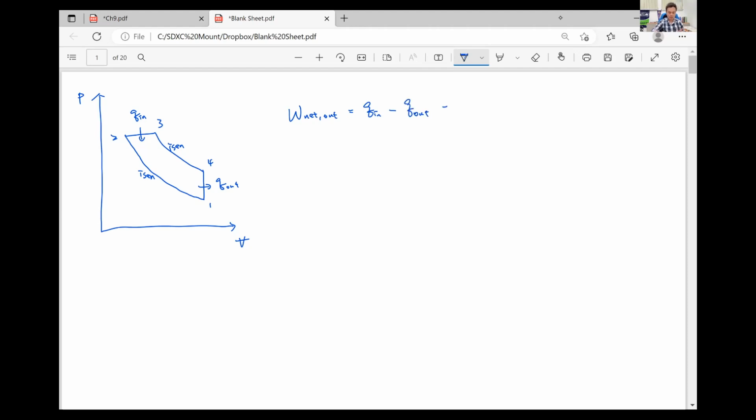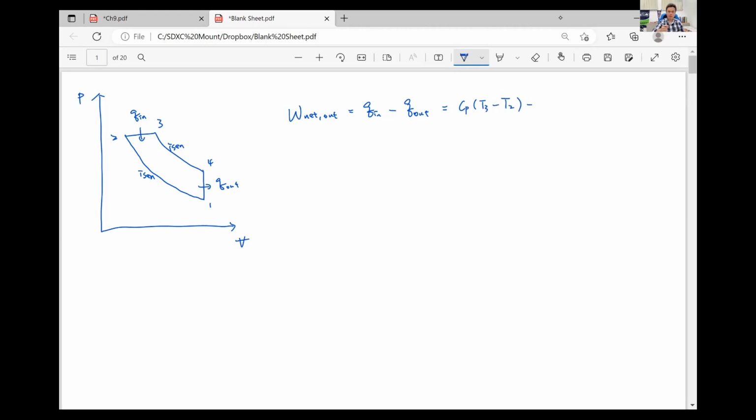And Q in, the heat addition process, is a constant pressure process, right? So this would be Cp times T3 minus T2, okay.